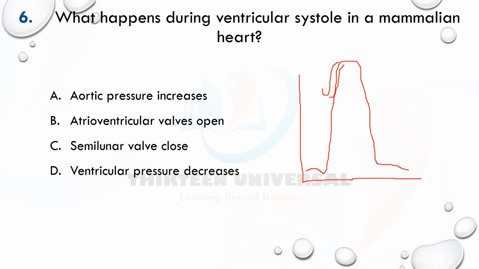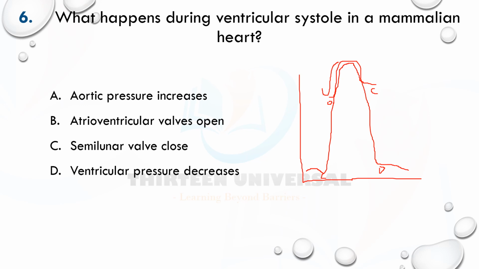Okay, it is lower until we start getting down here. So this is where the semilunar valve is. So here the atrioventricular valve closes, the semilunar valve opens, the semilunar valve closes here, and the atrioventricular valve opens here.